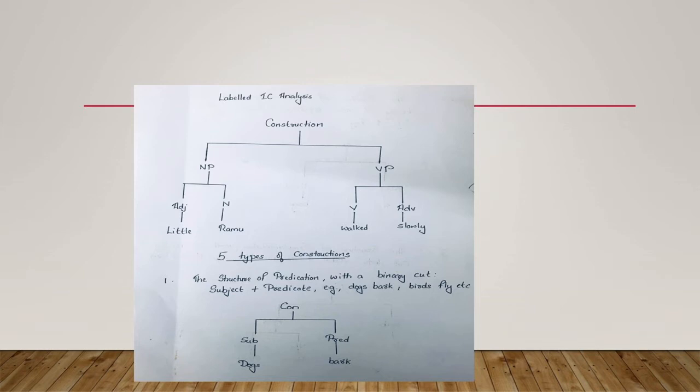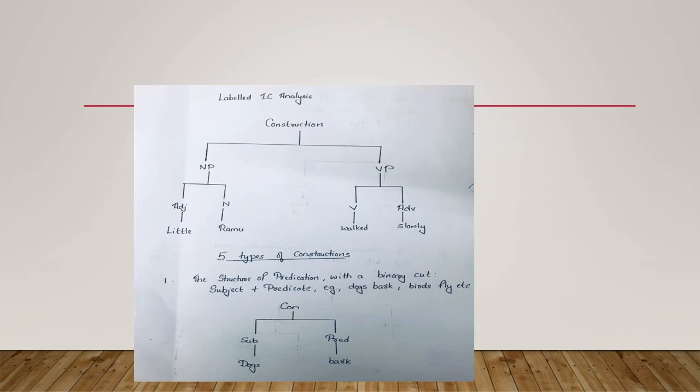Now let's take this example, the construction Little Ramu walked away. Any sentence that we take can be divided into a noun phrase and a verb phrase.